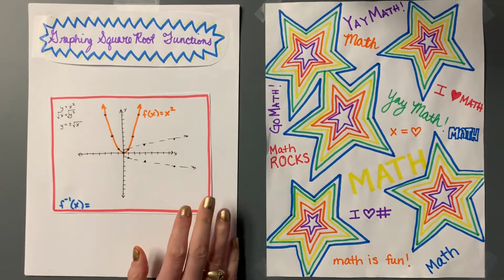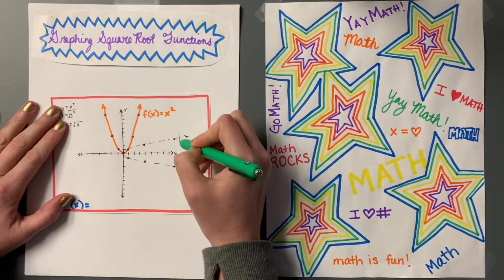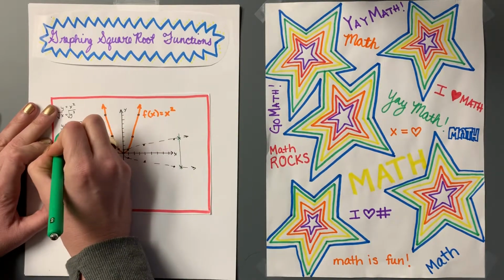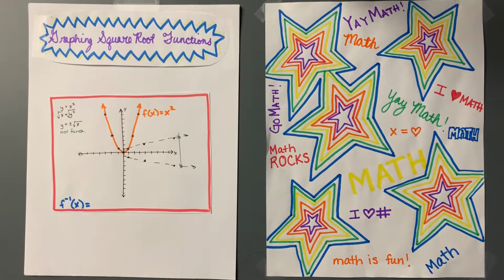So if I'm looking at this equation here, this does not pass the vertical line test. So this here is not a function. When we're looking at the inverse function of y equals x squared, we're interested in the inverse function. So we want to figure out how we can make this into a function.